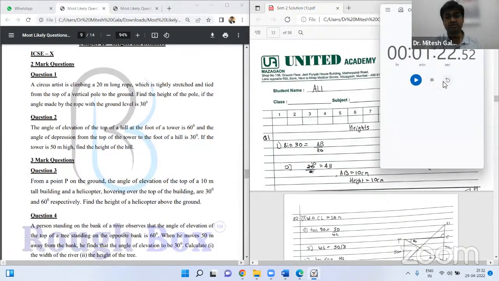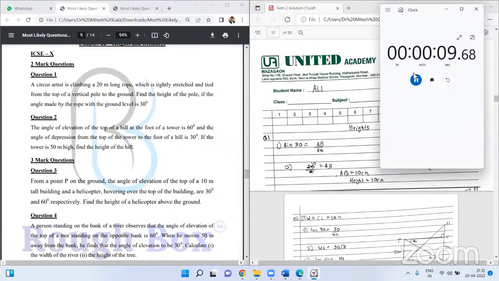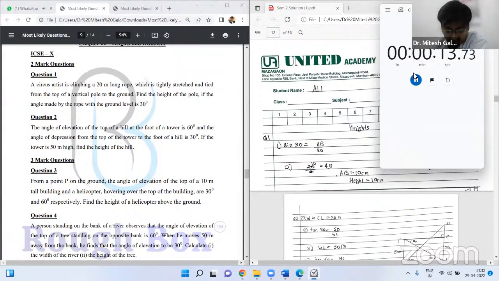These are 2 markers. You can expect such questions for 2 marks. Come on. Another 1.5 minutes. Get the second one done. Will speed and time questions come? Yes, possible. I have given one down. We'll do it.